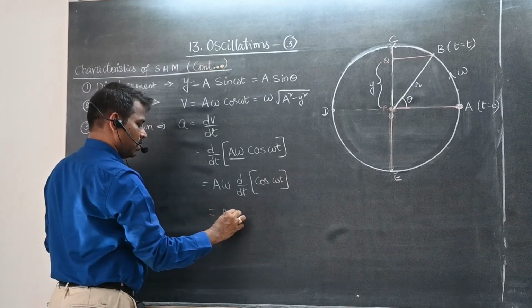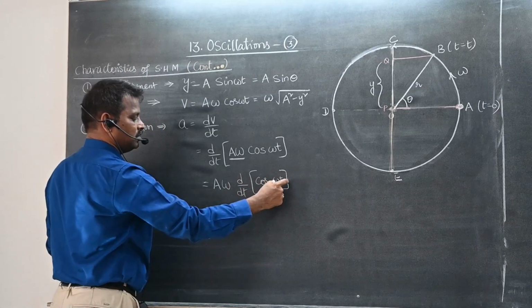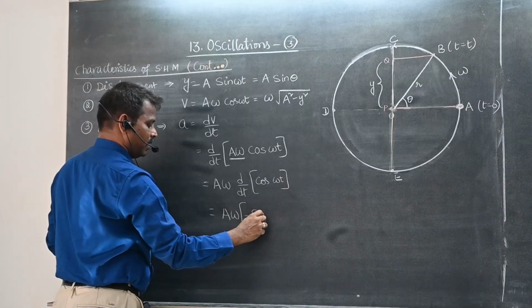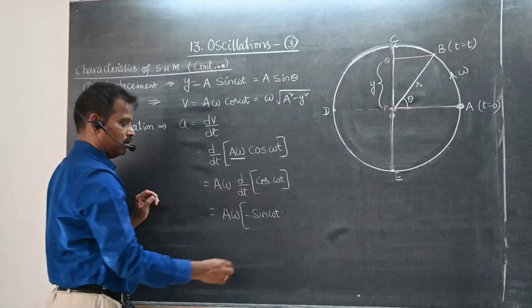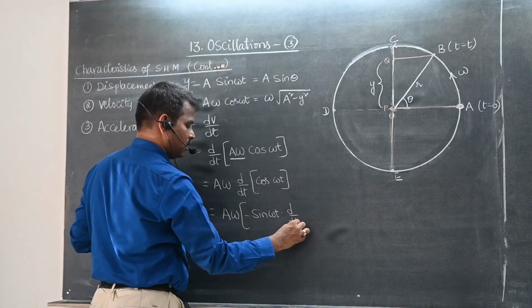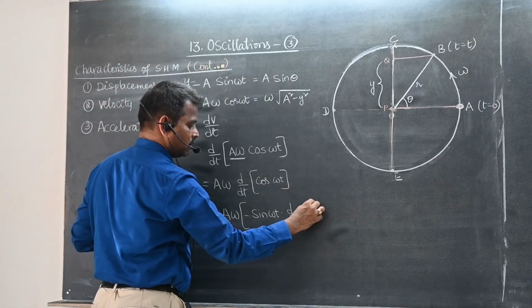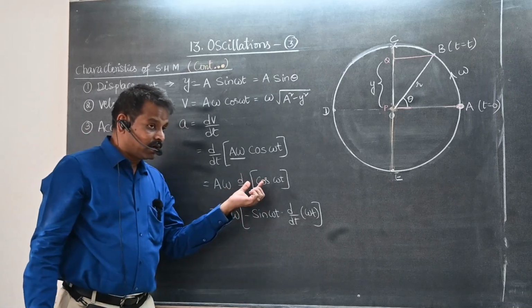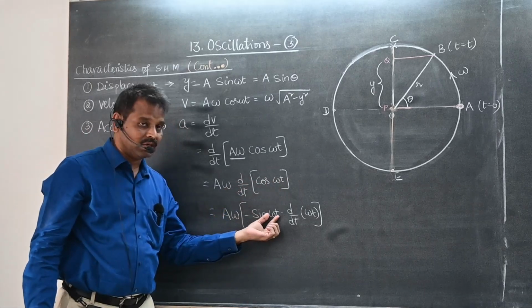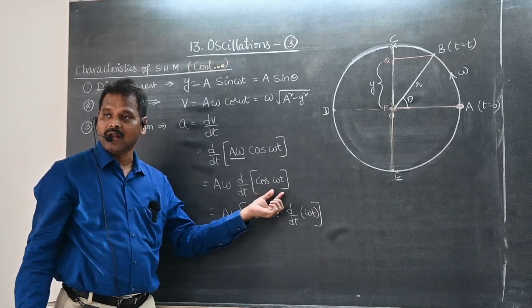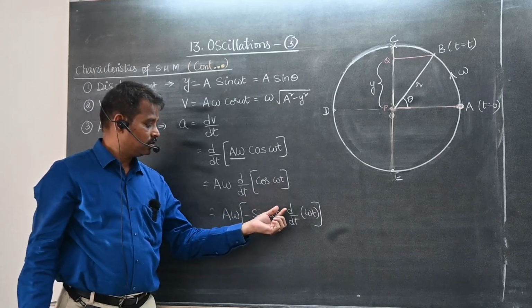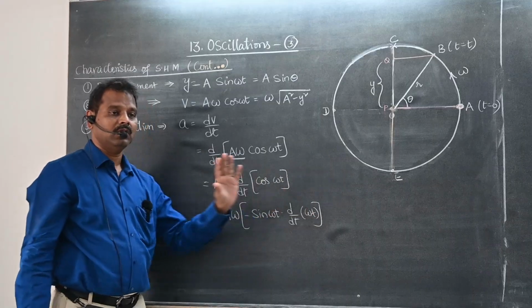So A omega, the derivative of cos theta is minus sin theta, into chain rule d by dt of omega t. Understood this one? The derivative of cos theta is minus sin theta. Now according to the chain rule, we have to differentiate theta also. Here theta is omega t, so differentiate omega t with respect to time.